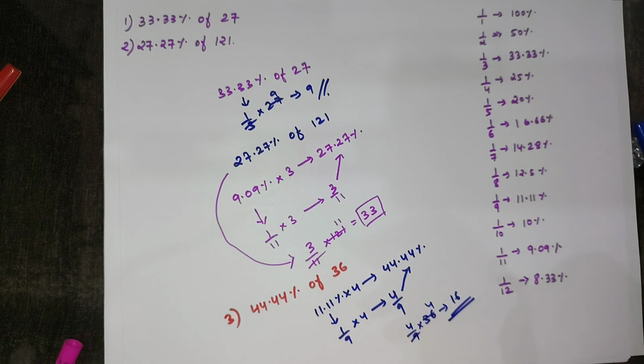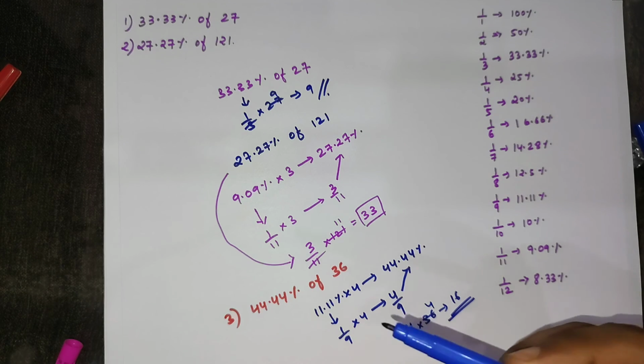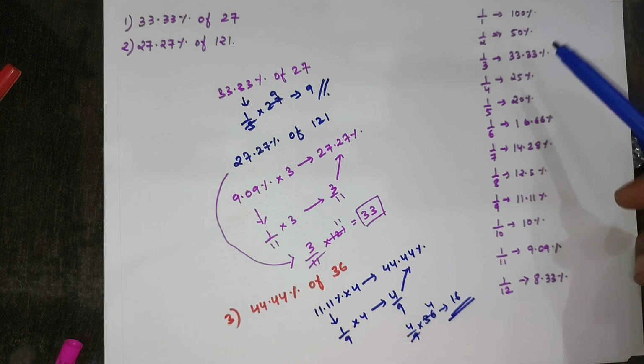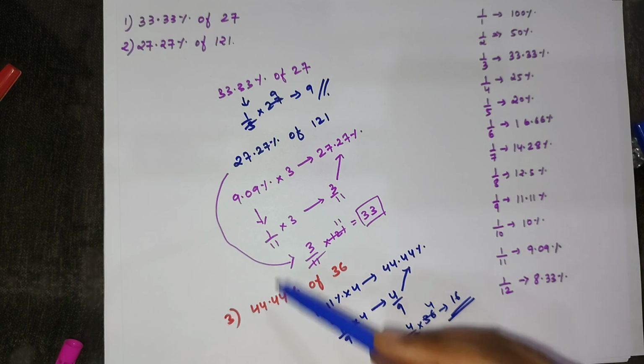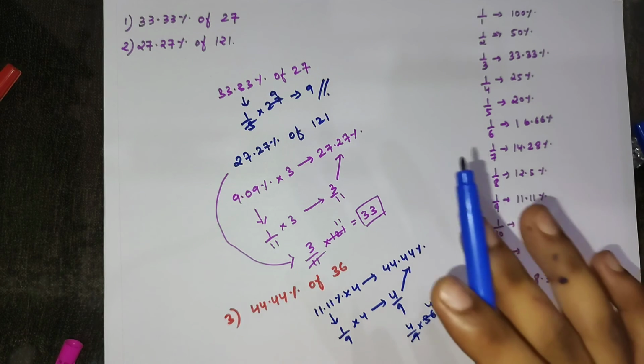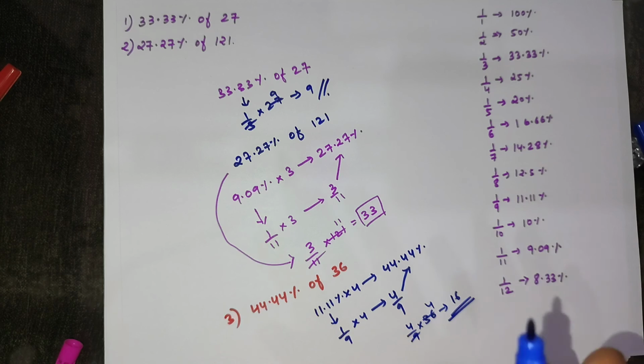So basically what I wanted to tell you is that sometimes you won't get a direct value, then you'll have to look at the table and see what you can multiply to get such values. Even if it is difficult, don't panic or get tense. It will come with practice.